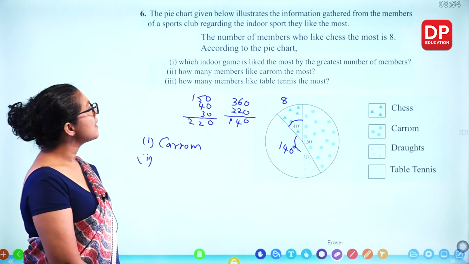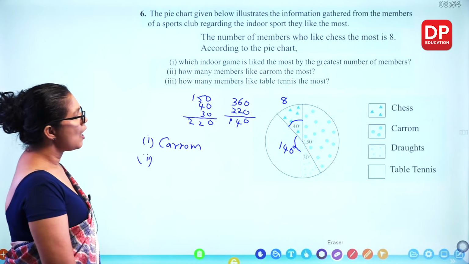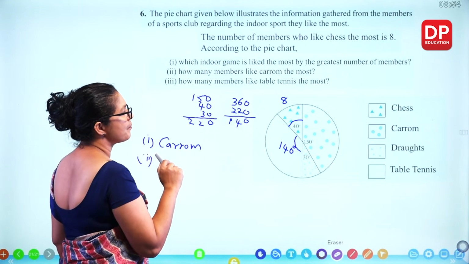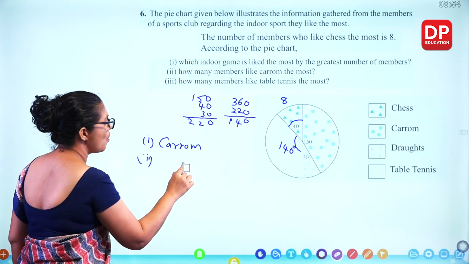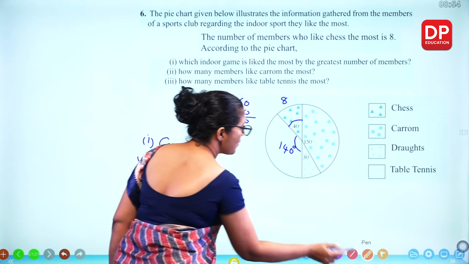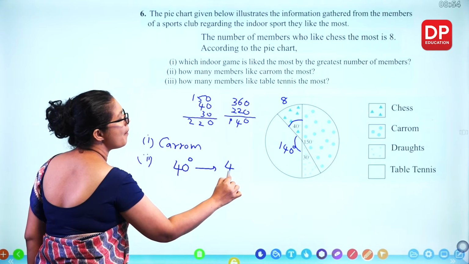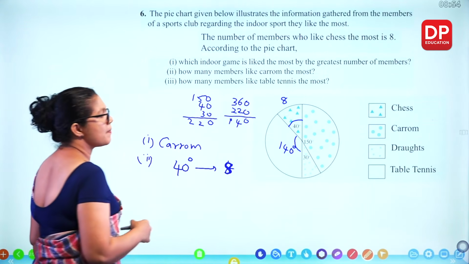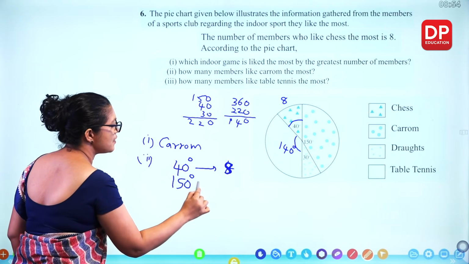Now we'll look at the second part. How many members like carom the most? We know this is 150 degrees for carom. And from this information we know 40 degrees represents 8 members from the chess part. But for carom that's 150 degrees.